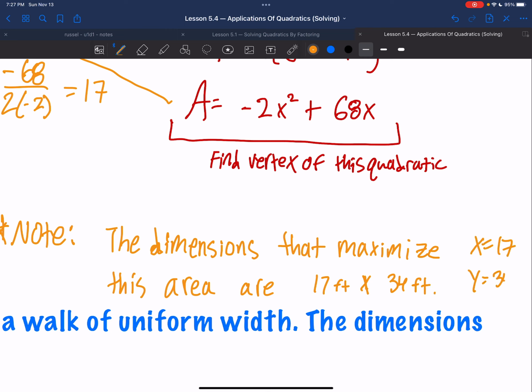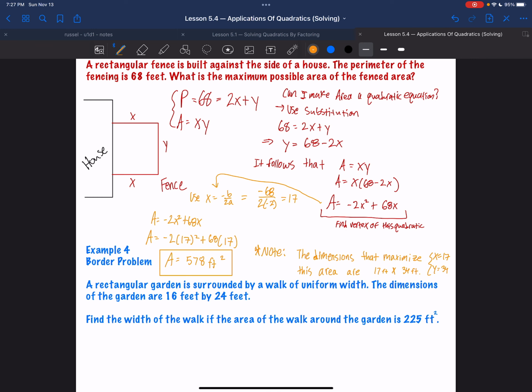All right. If you're not sure where I got this, look, x we found was 17. That's what maximizes the area. You have two ways you can find y, and that is through resubstituting x back in. So I'm not going to do that here. I trust that you can figure that out. You found the maximum area. You know x is 17.